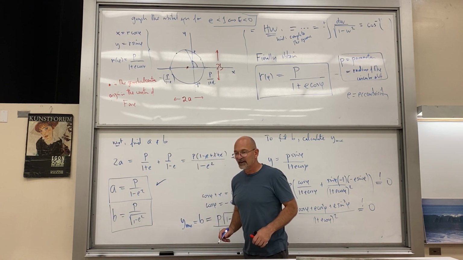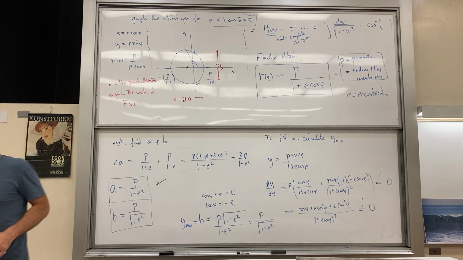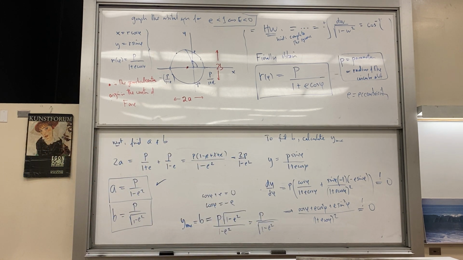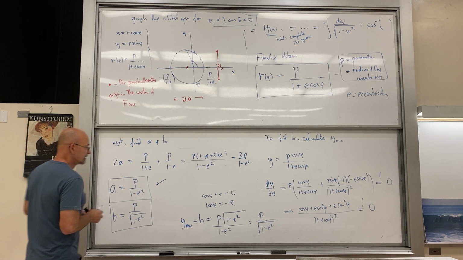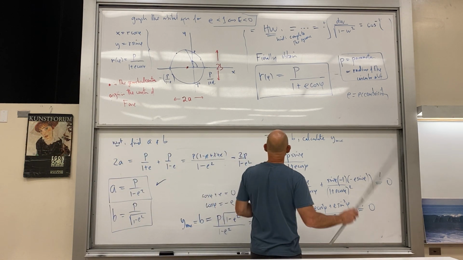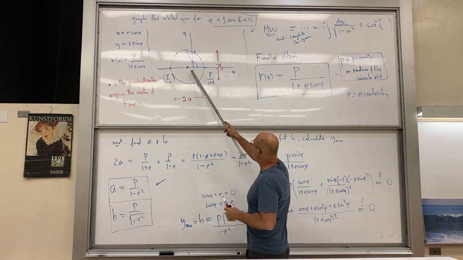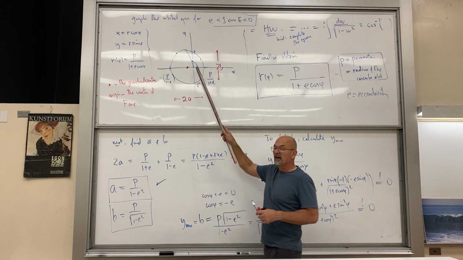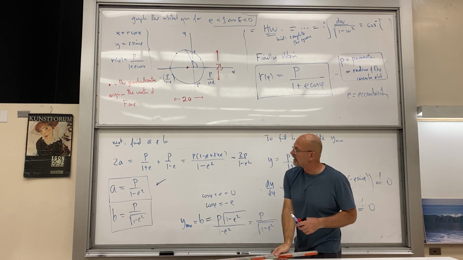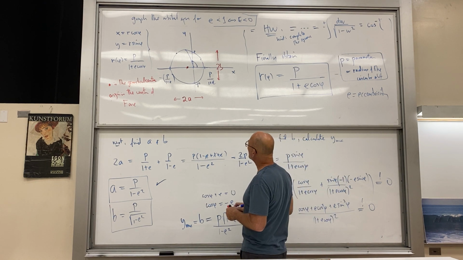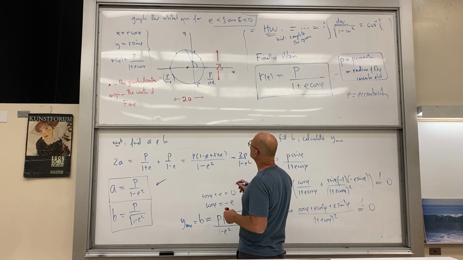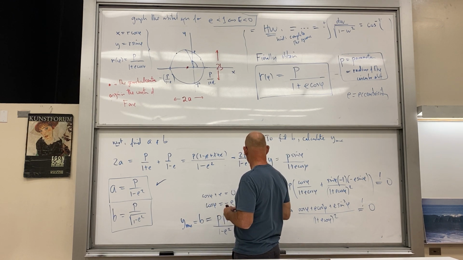Now the last thing we need, let's check the clock again. The last thing we need to set up all these values is the distance from the origin to the geometrical center.